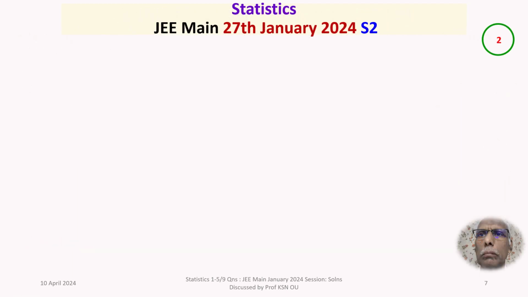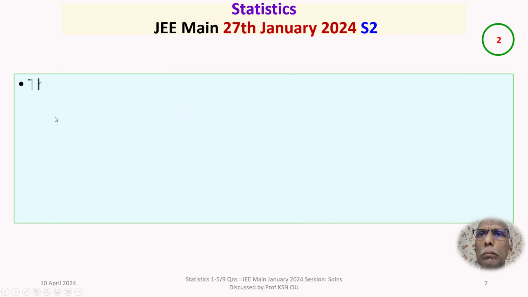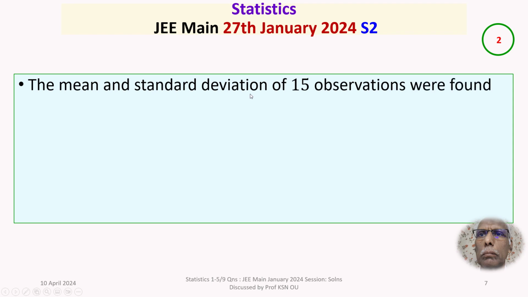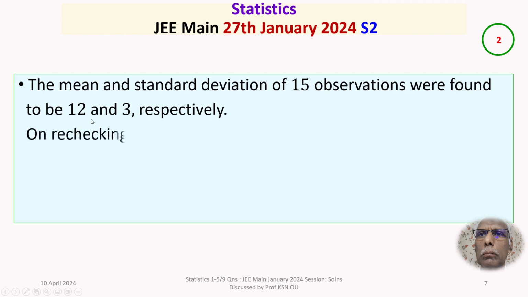Right. This question has appeared in the JEE Main examination held on 27th January 2024 in the second shift. The given question is: the mean and standard deviation of 15 observations were found to be 12 and 3 respectively.